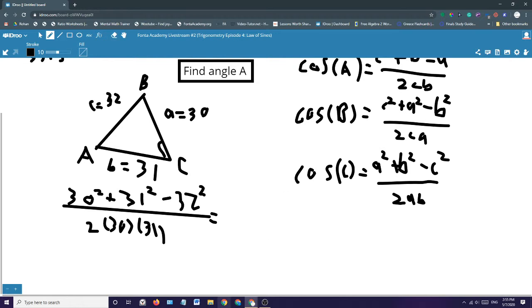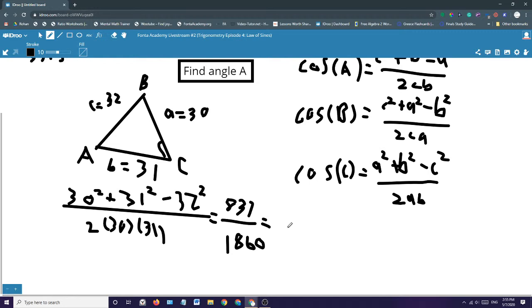So that equals 30 squared plus 31 squared minus 32 squared. That's 837 over 2 times 30 times 31, which is 860.